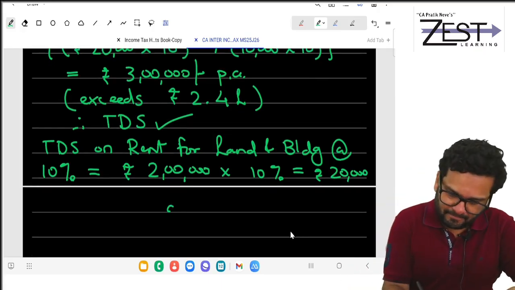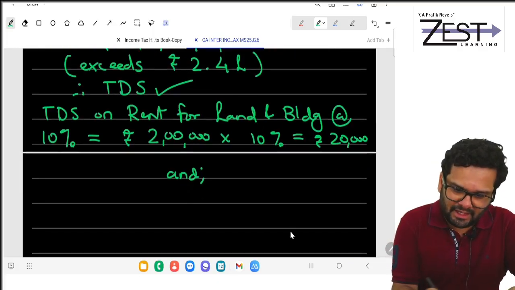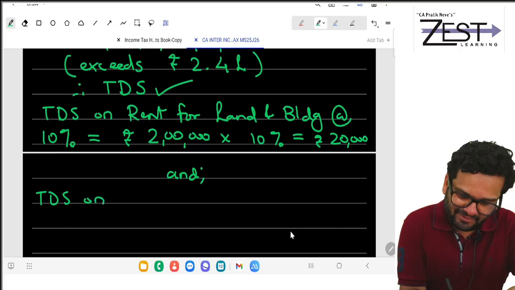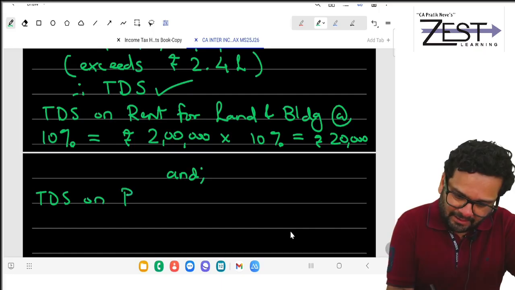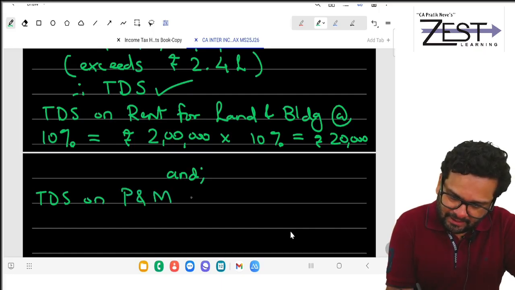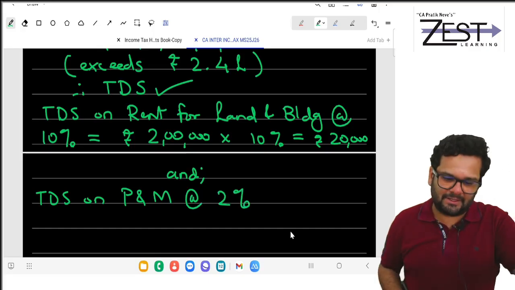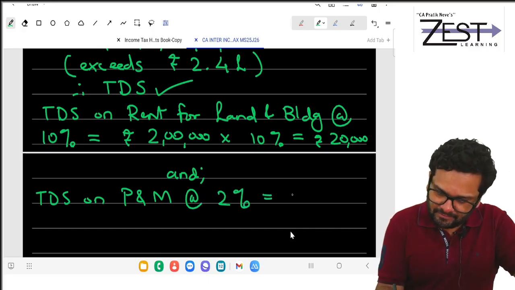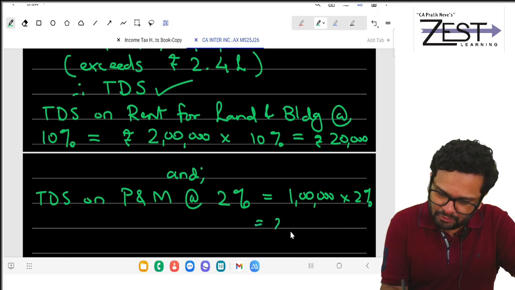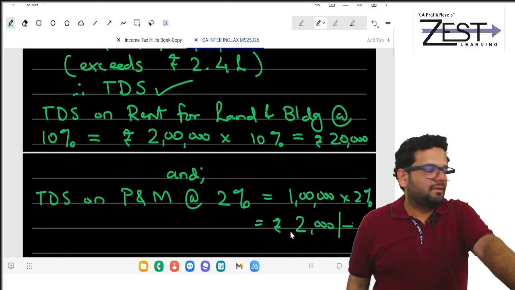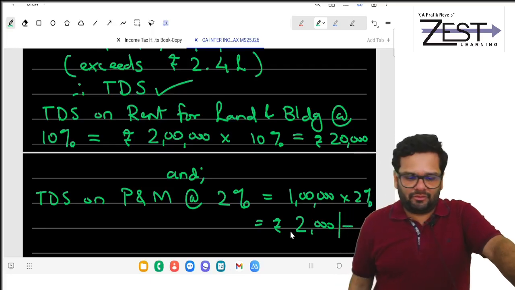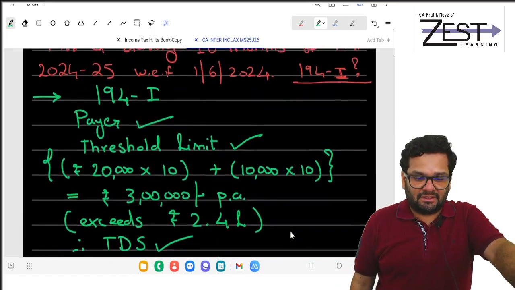And TDS on plant and machine at the rate of 2%, which is 1 lakh into 2%. But of course, you should not do this in bulk. You should do this each month, because at the time of credit or at the time of payment, whichever is earlier.